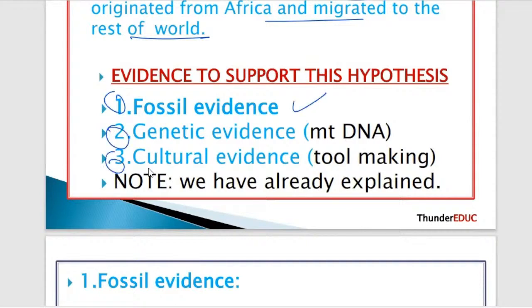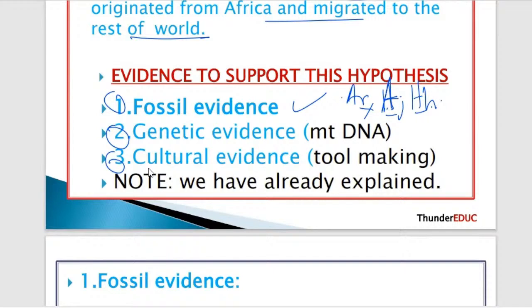Fossil evidence: you talk about the oldest fossil, Ardipithecus, Australopithecus, and Homo habilis. All of them were discovered in Africa only. Ardipithecus, Australopithecus, and Homo habilis were only discovered in Africa.